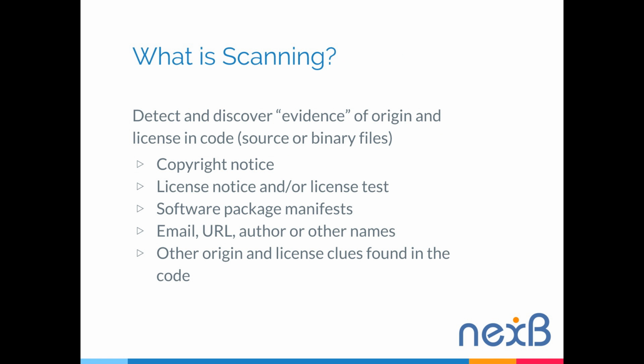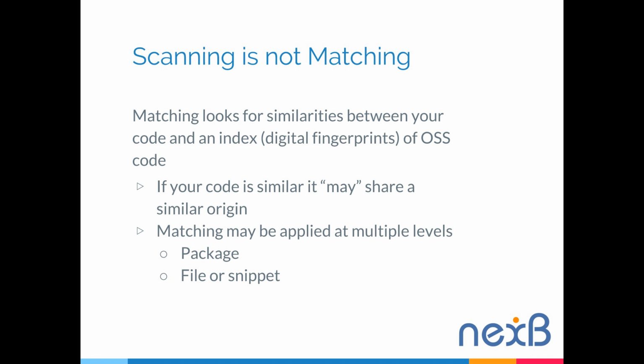It's important to understand that whatever is closest to the code may not always be 100% right, but in most cases, that's what lawyers would consider as the most significant. So looking at the code itself and finding evidence in abstraction of anything else is really what scanning is about and what is important. But what you have to understand is that scanning is not matching.